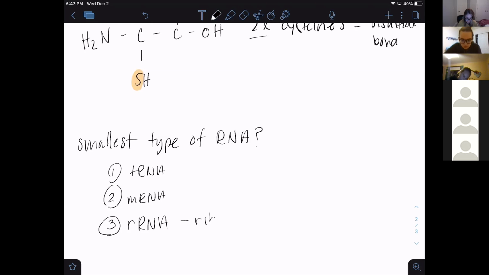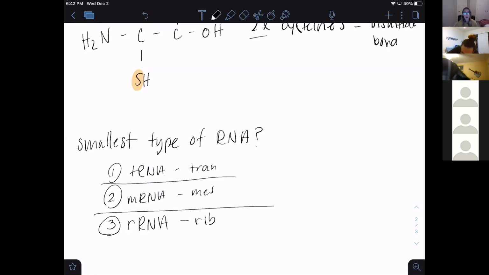So ribosomal, messenger, transfer. Okay, so out of these, which one is the smallest? Would it be the rRNA? So ribosomal? Yeah. So let's think about that, right?